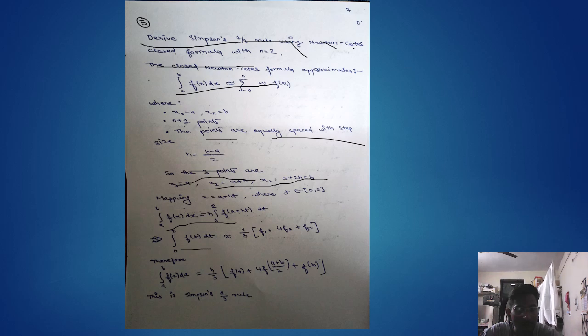The limit is 0 to 2 of f of t dt, which gives 1/3 of this expression. This is Simpson's 1/3 rule, which is h/3 times f of a plus 4 f of (a plus b) by 2 plus f of b.